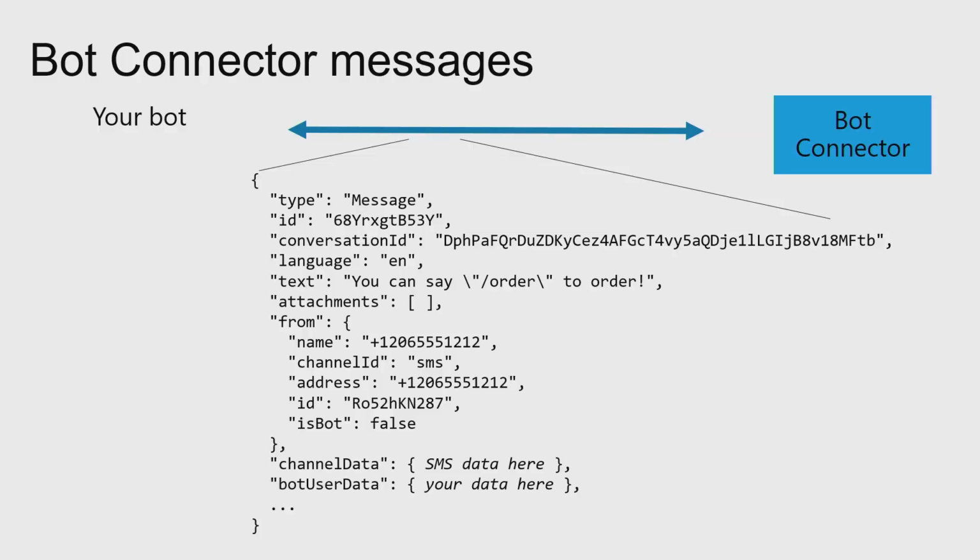All the communication between the web application or the bot and the channels is in JSON format. There is a conversation ID, a type.